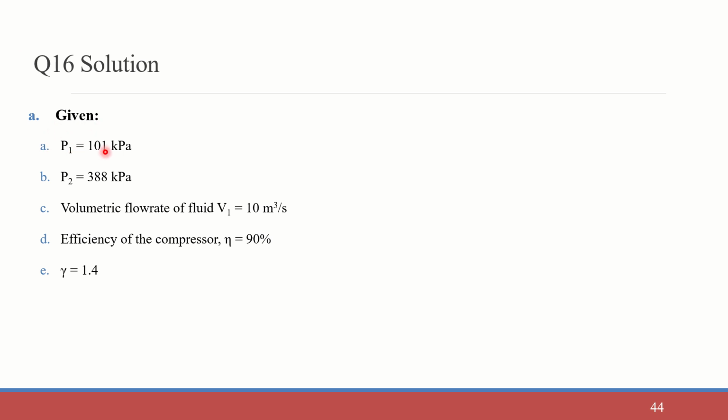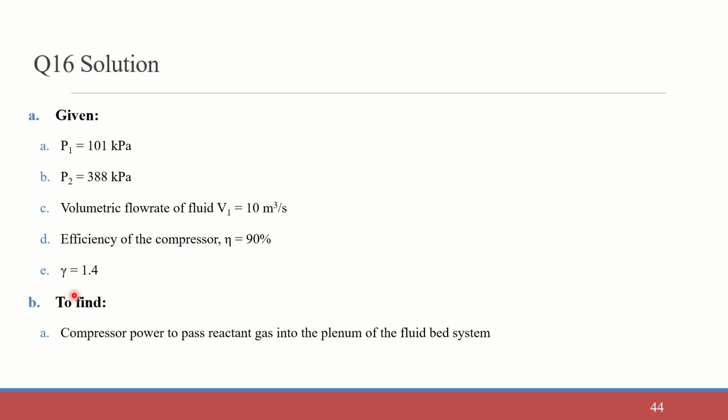P1 is given as 101 kilopascal, P2 is given as 388 kilopascal, volumetric flow rate of fluid is given as 10 meter cube per second, compressor efficiency is given as 90%, and gamma is 1.4. What are we asked to find? Compressor power to pass reactant gas into the plenum of the fluid bed system.